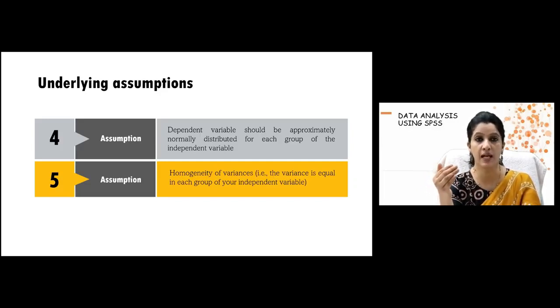So variance tells you whether the populations from which you've drawn the samples are equal or not. There should be homogeneity of variance in the case of a student t-test. Otherwise, we will use the Welch test value for reporting our result. We'll see that in the subsequent slides.